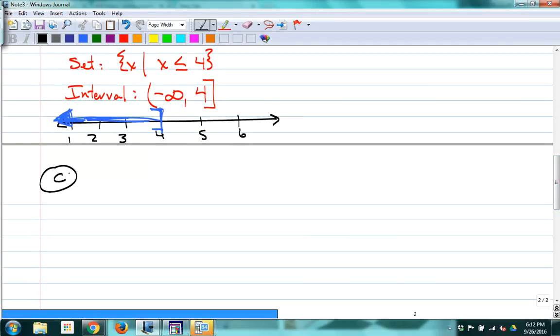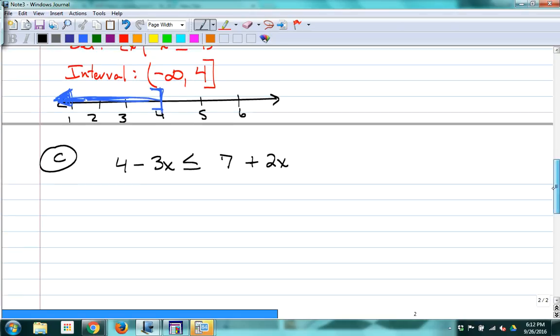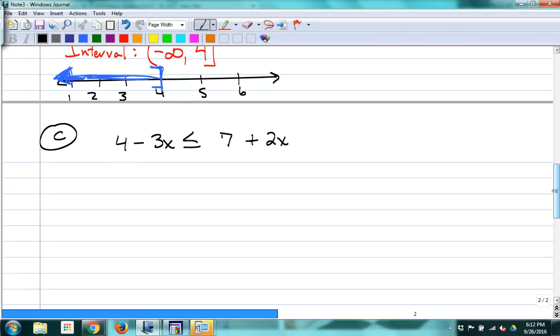Example C, 4 minus 3x less than or equal to 7 plus 2x. What could we do on this one? That's one possibility. We'll do that.